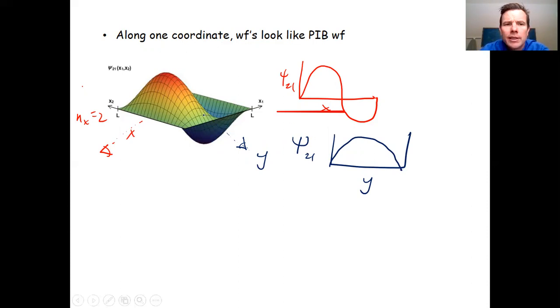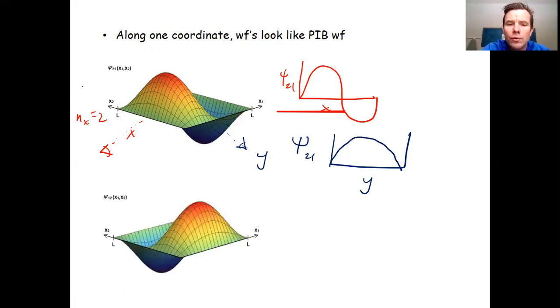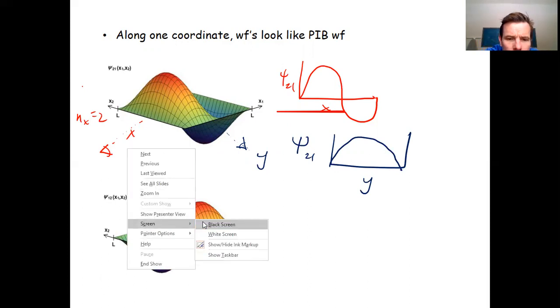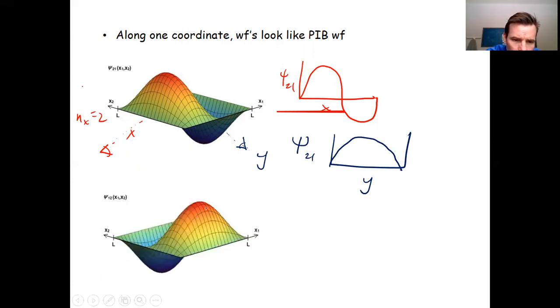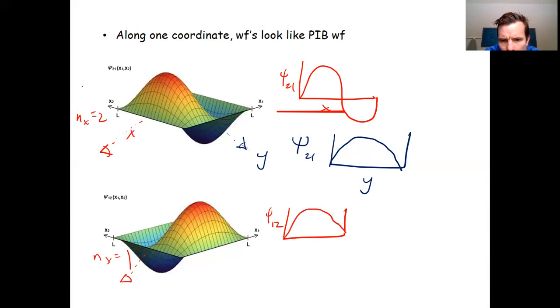The other thing you can start to see is that there is a psi 2, 1. There is also a psi 1, 2. And this one is exactly the opposite. Along this dimension, x, it'll look like the 1D particle in a box wave function.